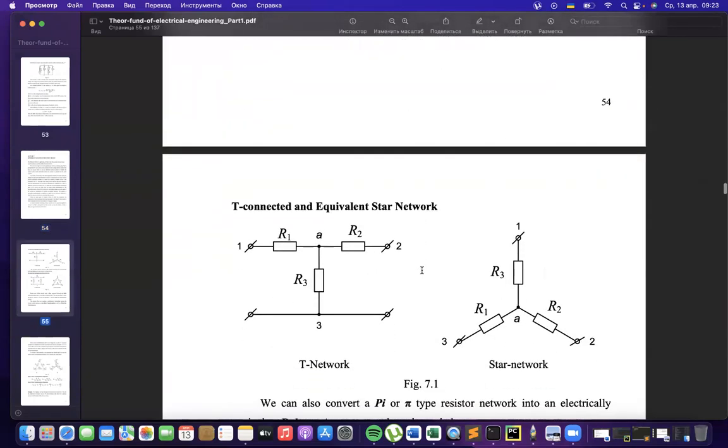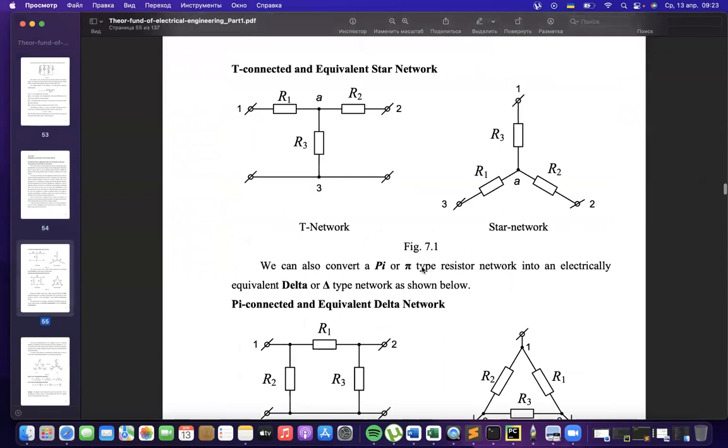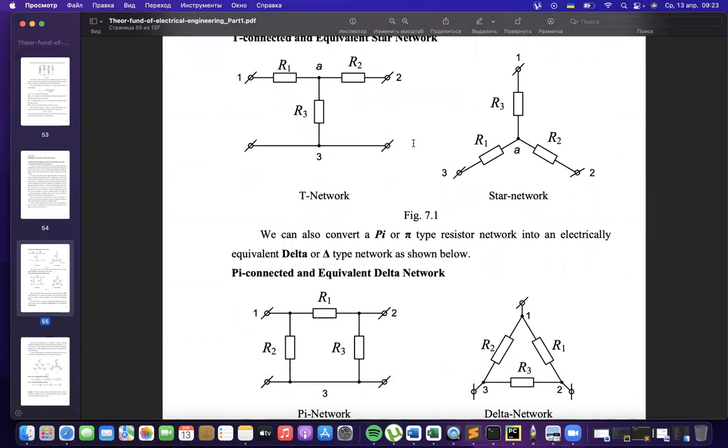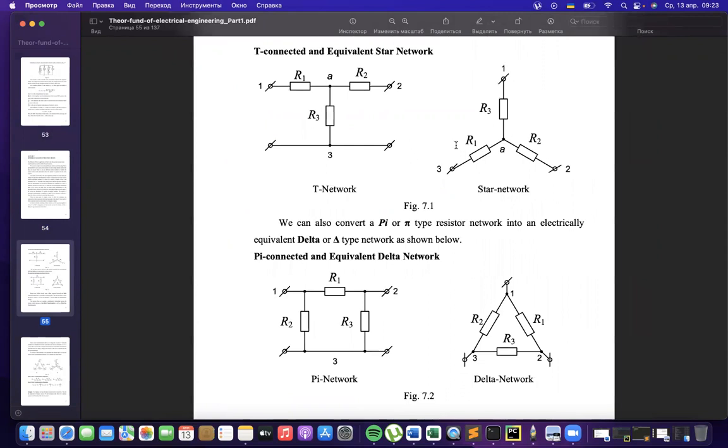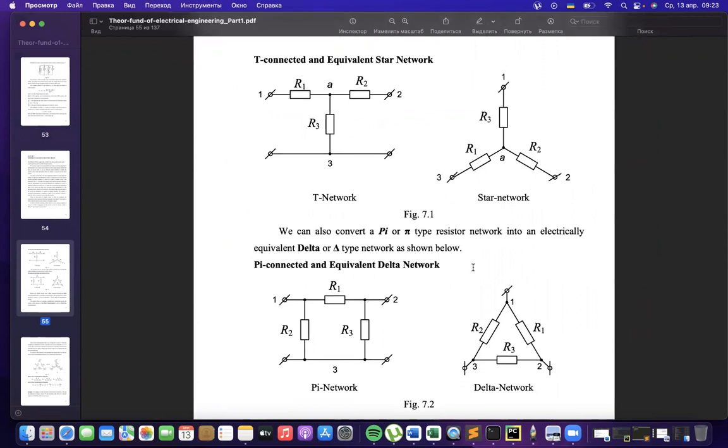What could this transformation be? The first transformation, we discussed it before the educational break. It is the transformation called star delta. It means that if we have a specific type of connection of elements, using specific formulas, we could transform one part to another part.